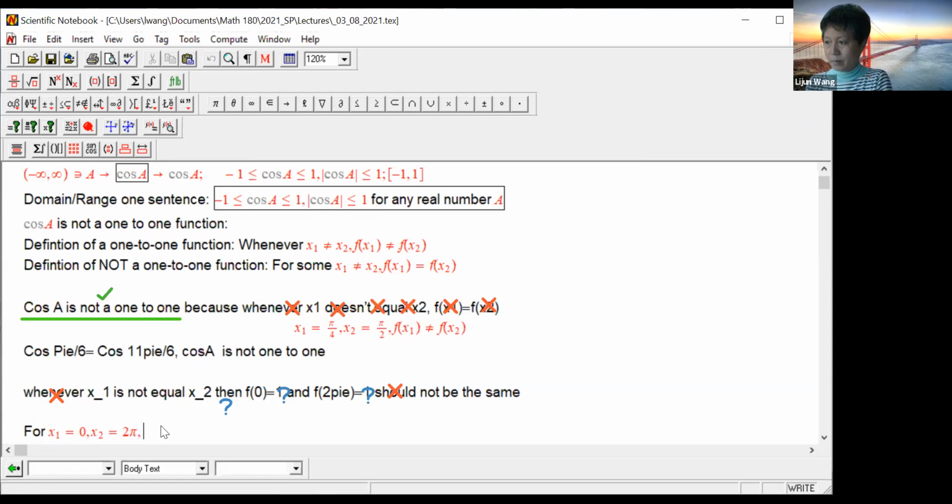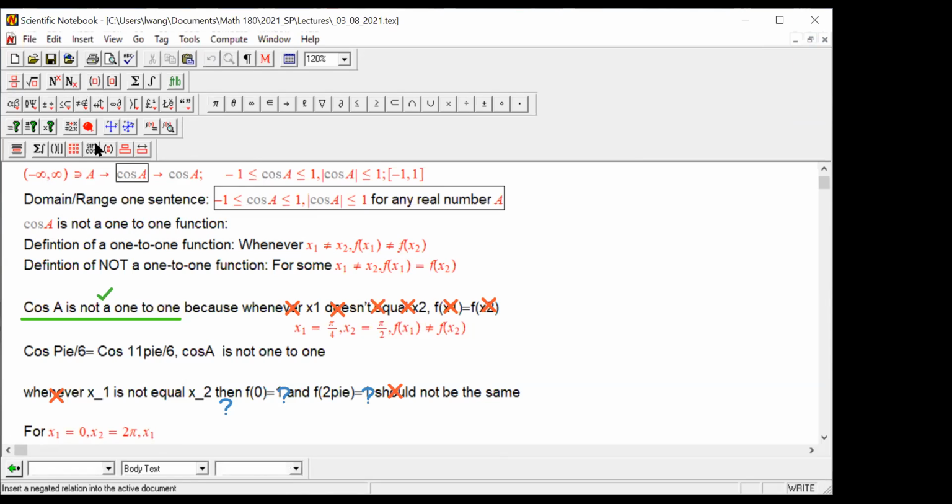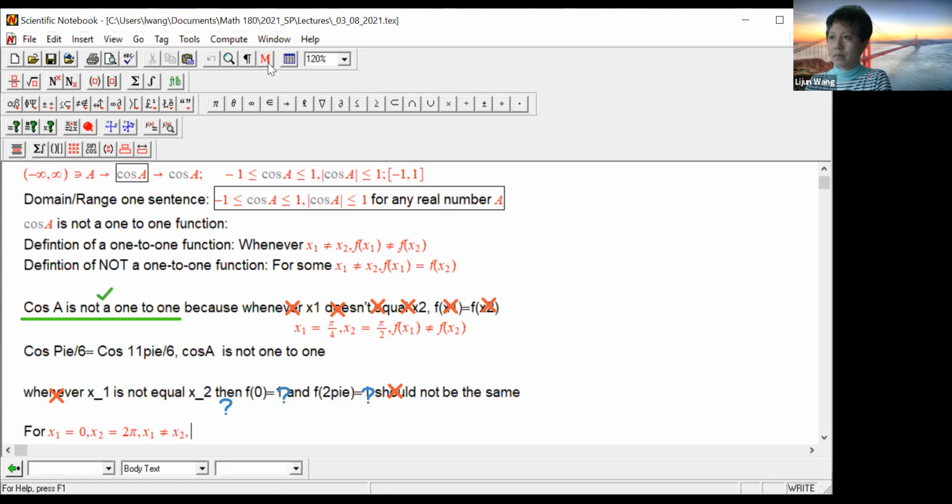Right? And you say they're not the same. What are not the same? X1 is not the same as X2. These two are not the same. But like you pointed out, f of these two are the same.